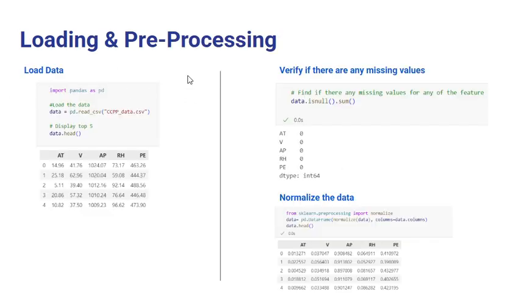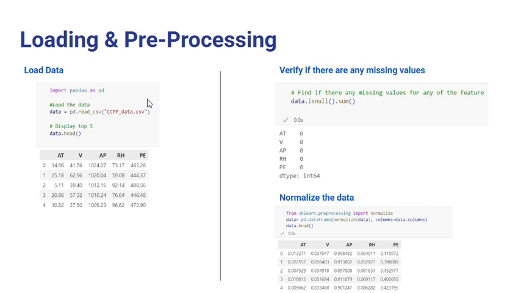So as part of the loading and pre-processing process, as I said, the data is given in a CSV format. We will load the data, and I have used Python libraries in order to build this model. So using pandas, we are loading the data from CSV, and here is at a high level the five features which are available in that CSV file.